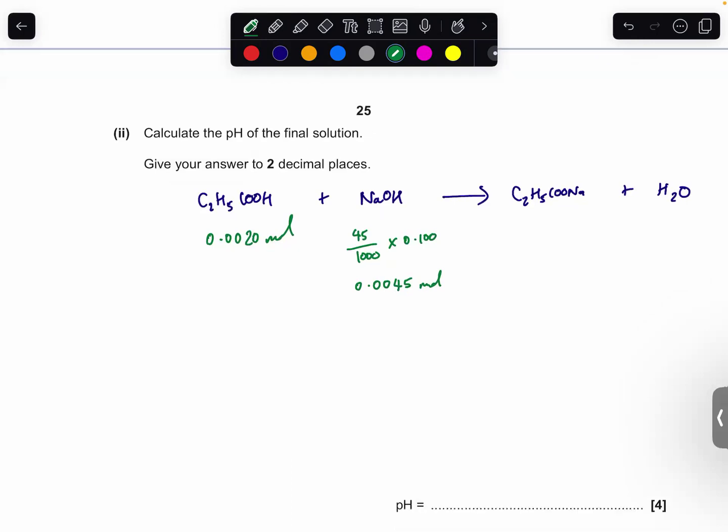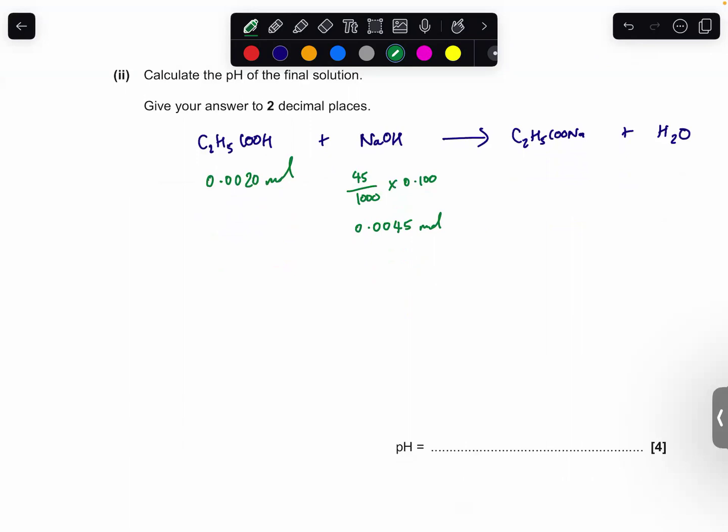And when the reaction takes place, all of the propanoic acid is going to get used up, and there'll only be 0.0025 moles left of this. And you'll get the equal amount of the salt. The salt will not affect the pH. That's 0.0020 moles. And you've got water we can disregard.